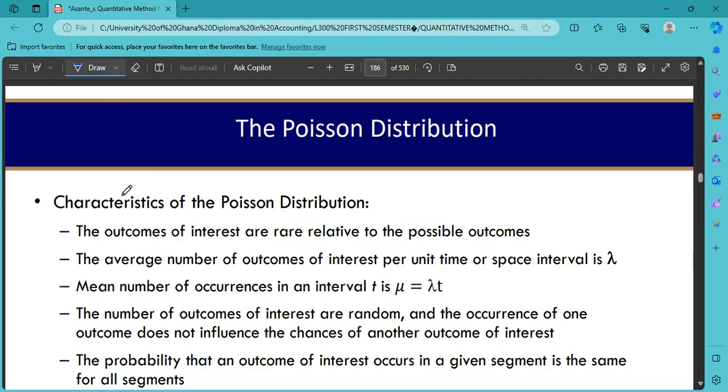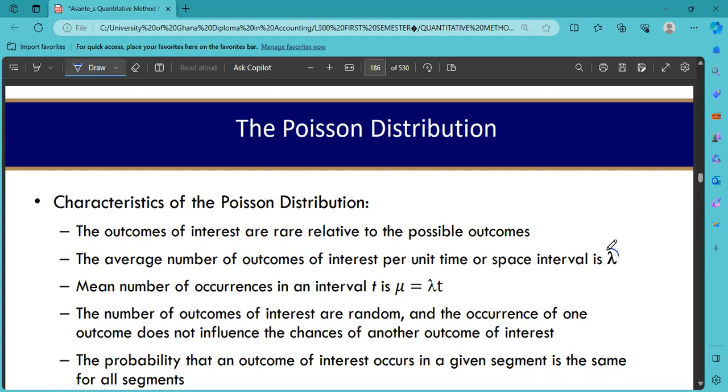Characteristics of Poisson distribution. One characteristic: the outcomes of interest are rare relative to the possible outcomes. The average number of outcomes of interest per unit time or space interval is called lambda.